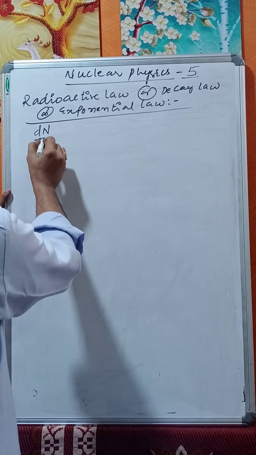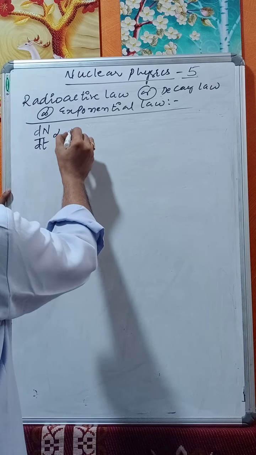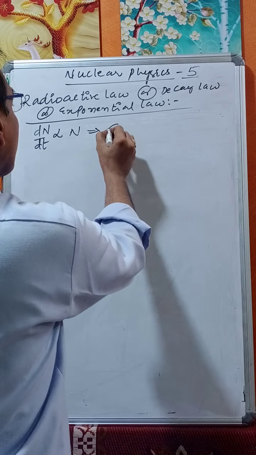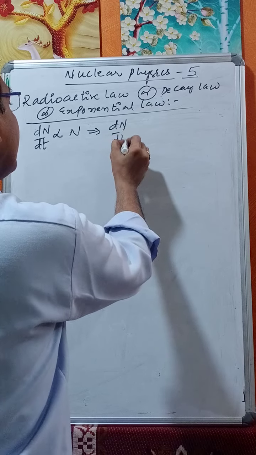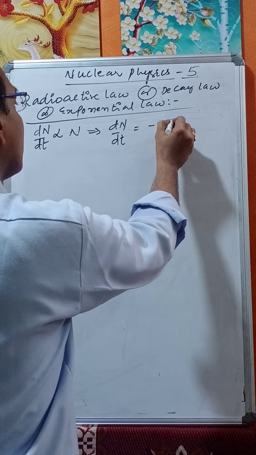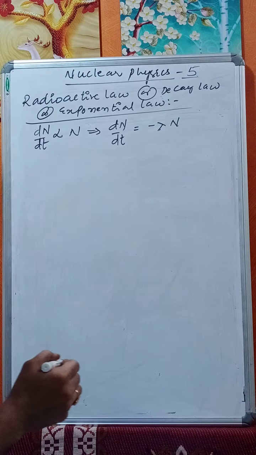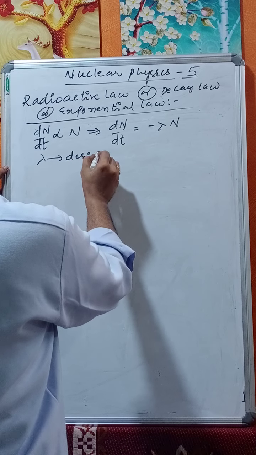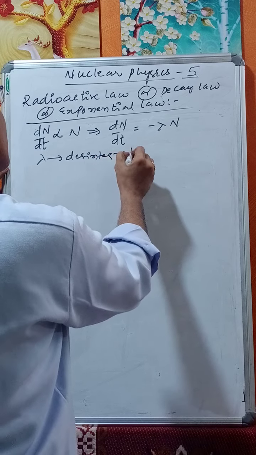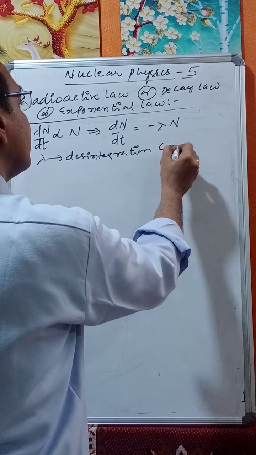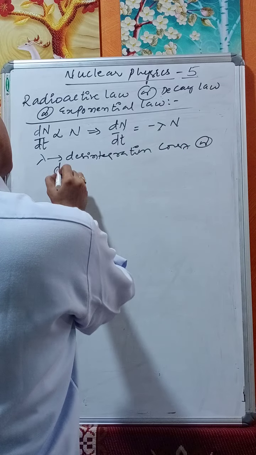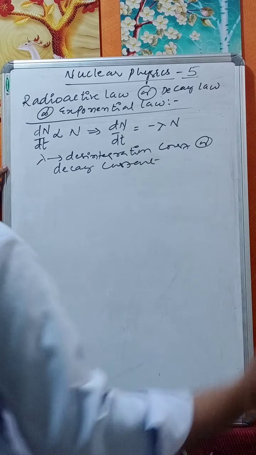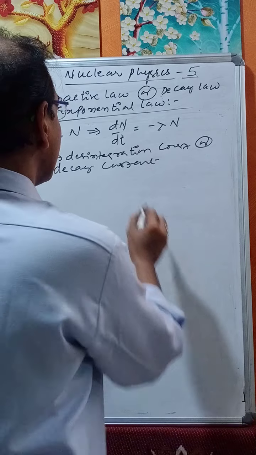This implies dN by dt is equal to minus lambda into N. What is lambda here? Lambda is the disintegration constant, or decay constant.